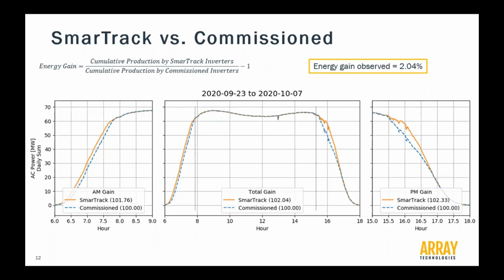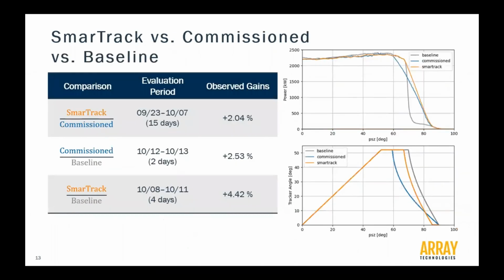So the data show a gain of 1.76% in the morning and 2.33% in the afternoon for an overall average gain of 2.04%. You can really see the gains in the form of these wider shoulders here. As stated on the previous slide, the SmarTrack versus commission gain was 2.04%.